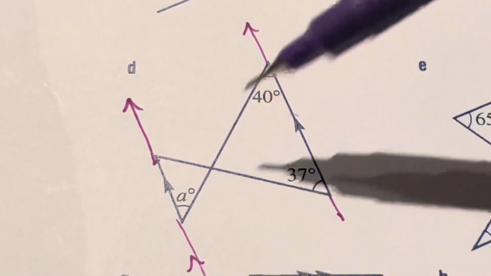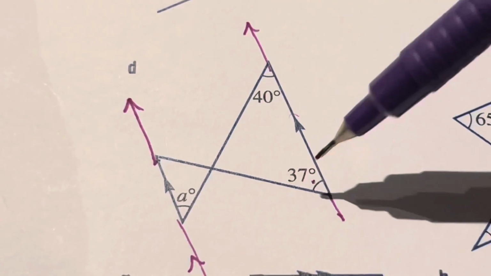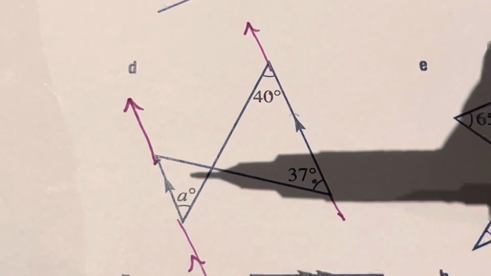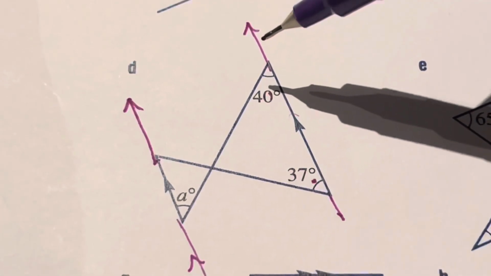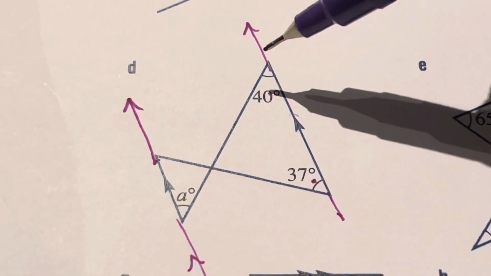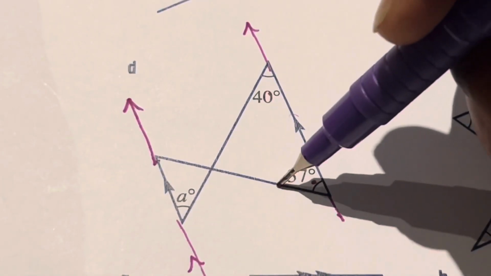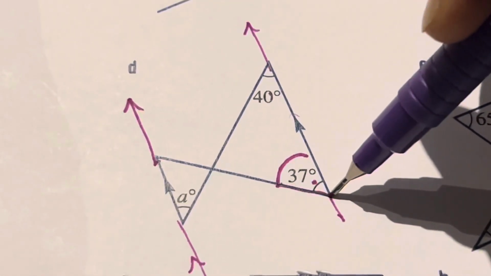Now it's asking us to find out A, but they've given us this and this information. Now the real question is, how do we go about this question? We've got to think for a bit. So this here is 37 degrees.